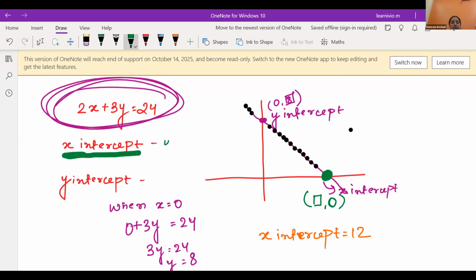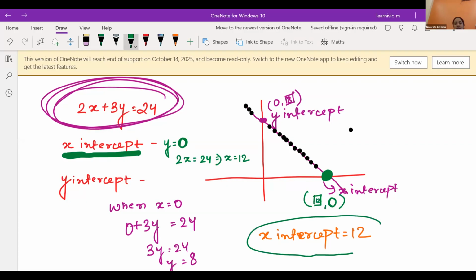So we took y equals 0 and substituted it in the original equation. The moment we substituted y as 0, we got 2x equals 24, which has given us x equals 12. So our x-intercept is (12, 0), or it can also be written that x-intercept is 12.